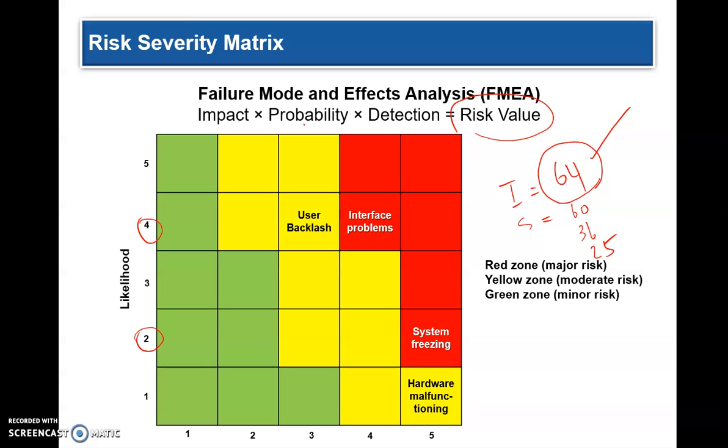So now you know, just by looking at this, that user backlash and hardware malfunctioning is less of a problem as far as risks are concerned compared to the interface problems and systems freezing. So you can pay more attention to these two and see how to mitigate those two risks. And then you can say, if this one happens, we'll have some kind of contingency plan.